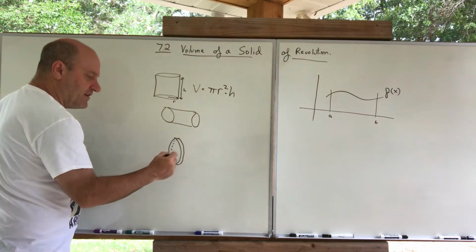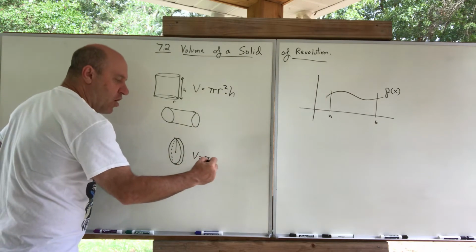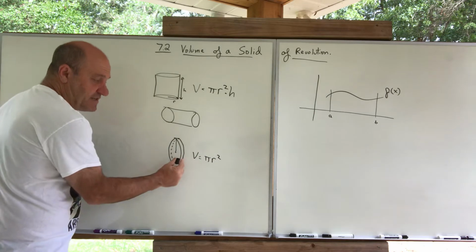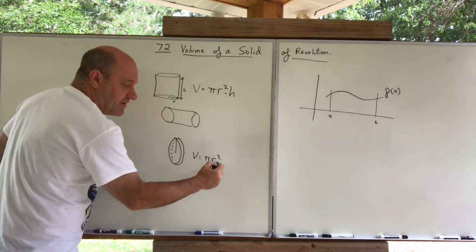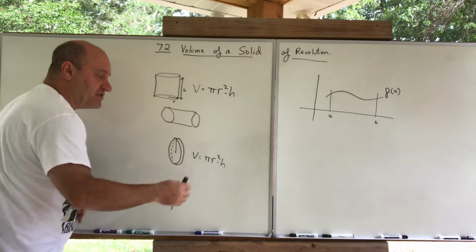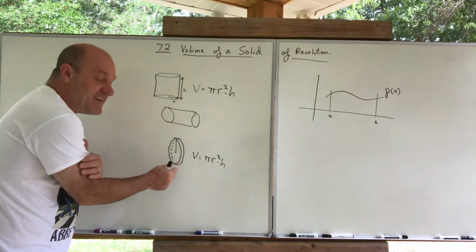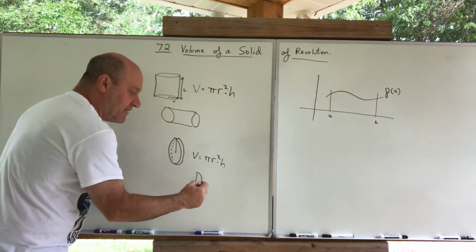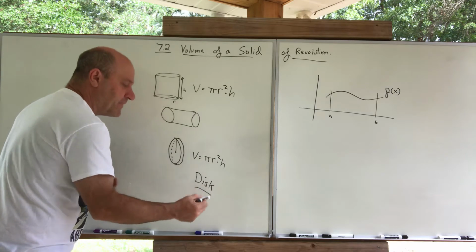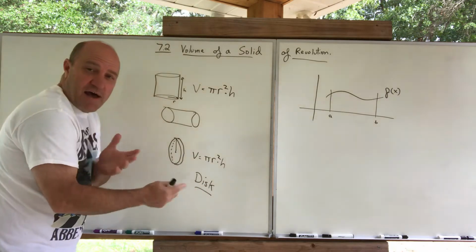It's still got a radius, so the volume is still pi r squared times its thickness, which we could still call h. I'm not changing the formula, but I'm just suggesting that this is a thin disk. What I'm going to teach you about is called the disk method, and this is the volume of a disk.